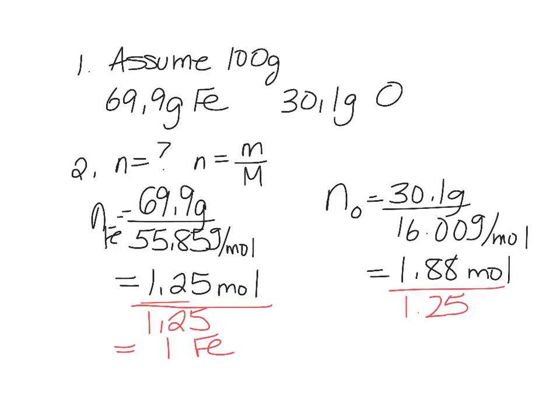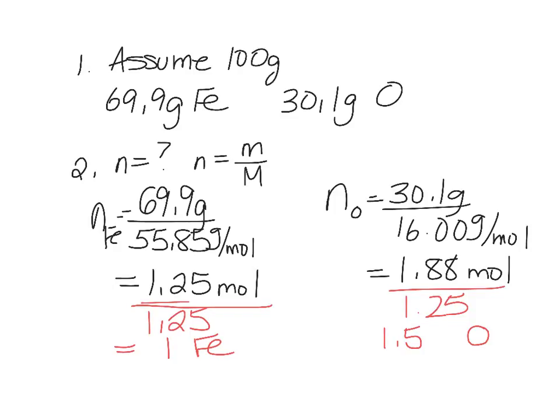What is the other one? 1.50. Yeah. Thank you. Now we have a problem here. Can you have half an atom of oxygen? No, you can't. You can't cut an atom; it's the smallest thing you can have.